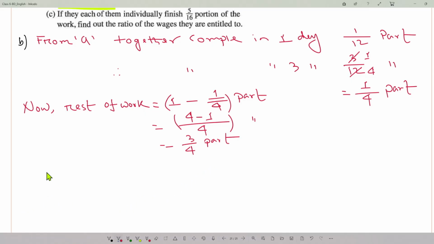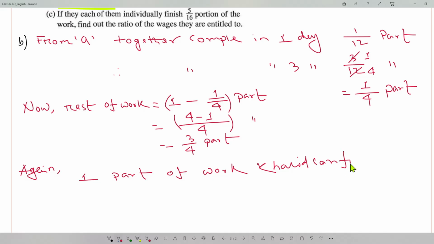Right? So now again, we can say Khalid can finish one part of work in 30 days.